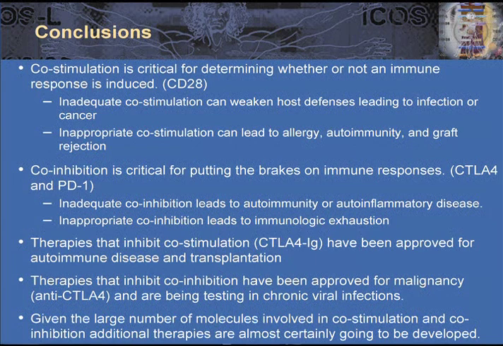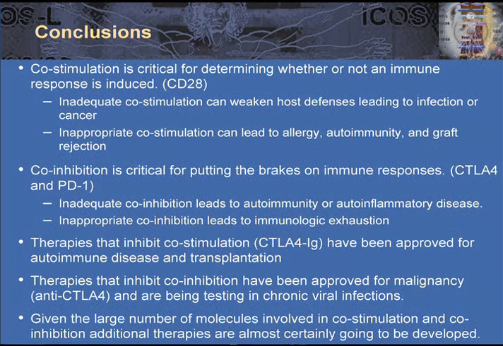There are now approved therapies that inhibit co-stimulation. One of these is CTLA-4 Ig, and this has been approved for both autoimmune diseases and transplantation. There are also therapies that inhibit co-inhibition, and these have been approved for malignancies, namely anti-CTLA-4.